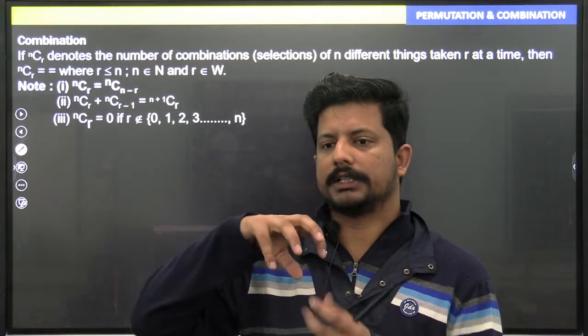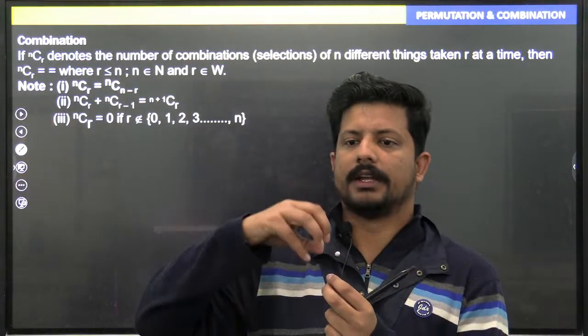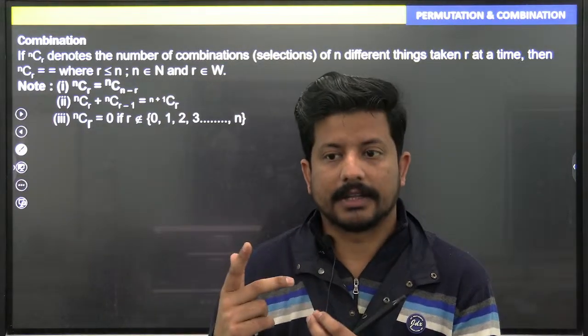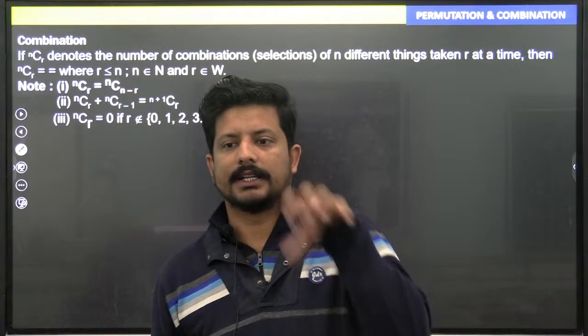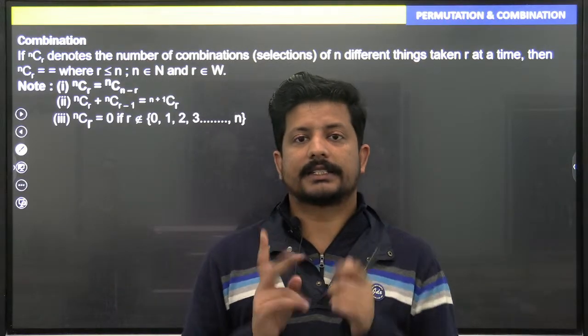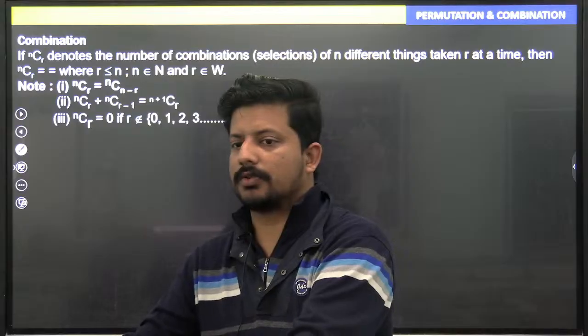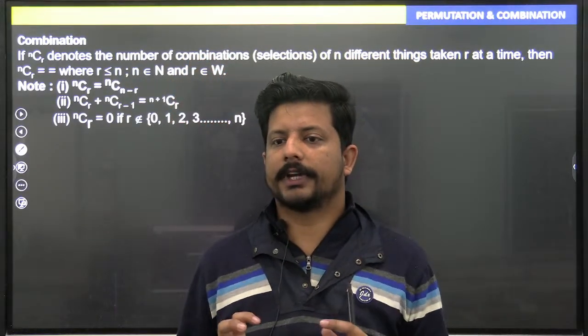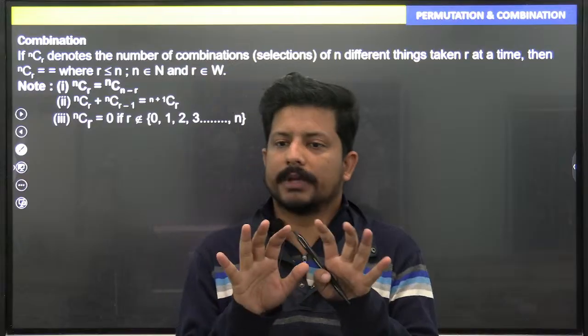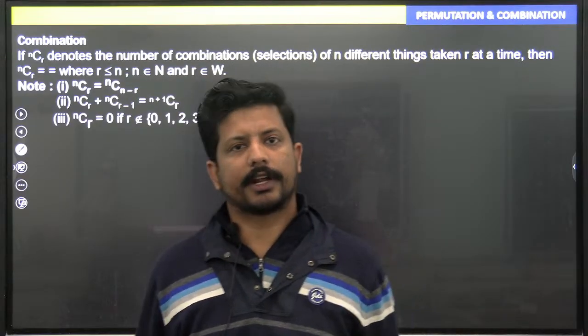If you pick first, this comes first, and if you pick second, that comes at the second place. But if they are just saying select 2 persons, you just go and select 2. So you cannot discriminate who is coming first and who is coming second. Hope you are getting my points.